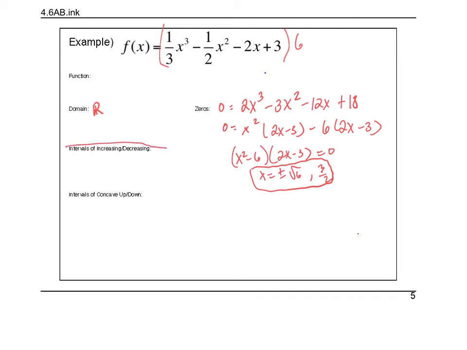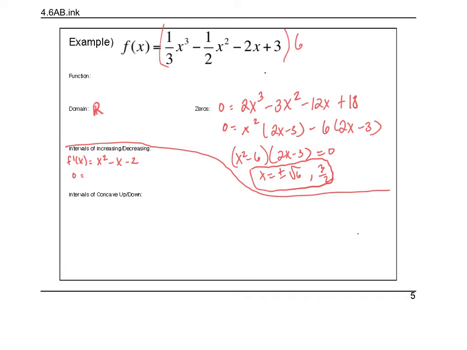Intervals of increasing and decreasing. So this is first derivative test. So f prime is equal to, power rule here, x squared minus x minus 2. Set equal to 0 to find your critical points, and undefined, right? But there's no undefined moments here.